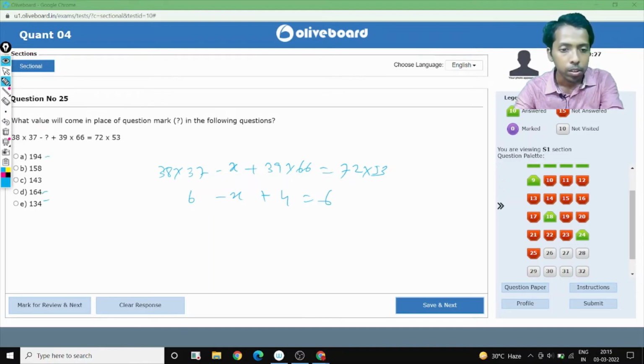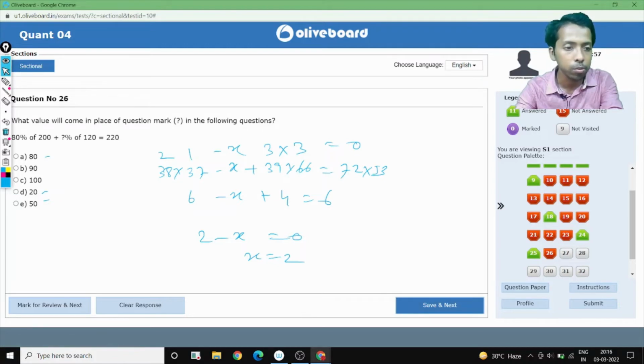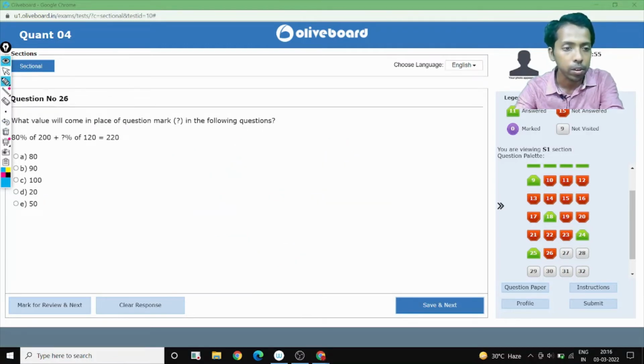Means okay, this is 3 8, this is 2, right? This is 1, and this is minus x, this is 3, this is 12, that is 3, this is 9, so this is 0, right? So 2 1 2 minus x equals 0, so x equals 29. Okay, so 164. See, using digit sum we can solve it very fast.